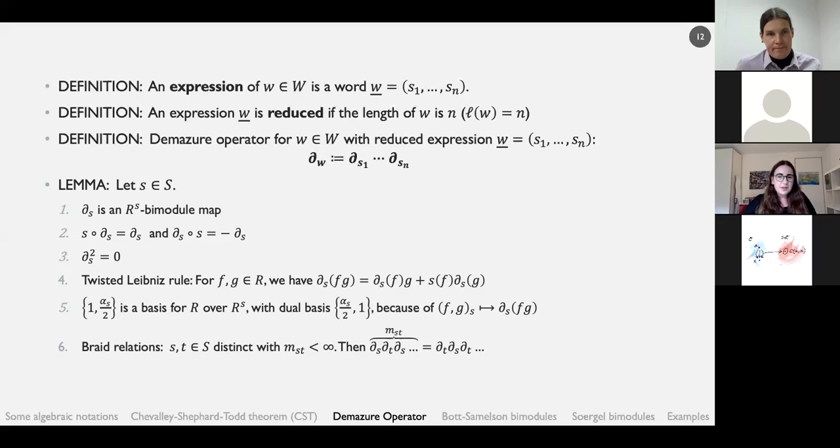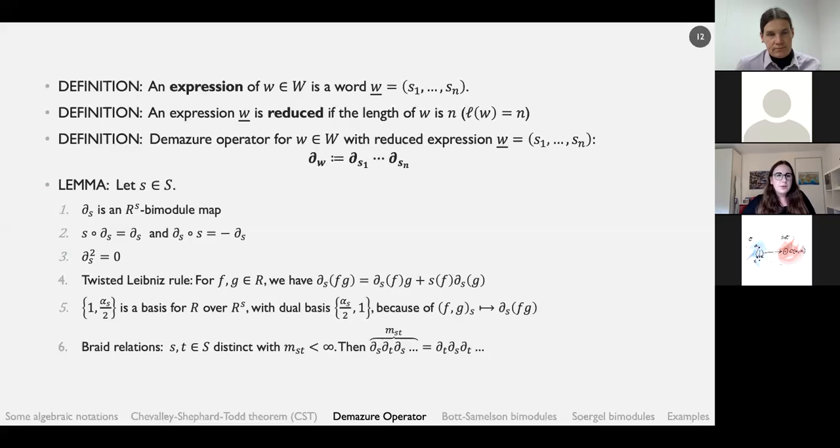The first is that ∂_s is an R^s-bimodule map. The second is that s composed with ∂_s is again ∂_s, and ∂_s composed with s is equal to minus ∂_s. The third property is that ∂_s squared is equal to 0. So ∂_s composed with itself is 0.